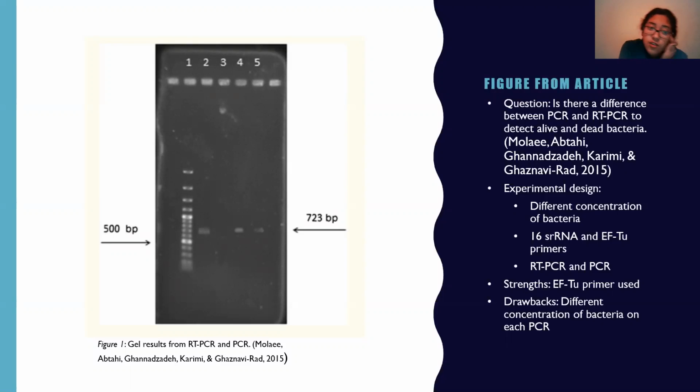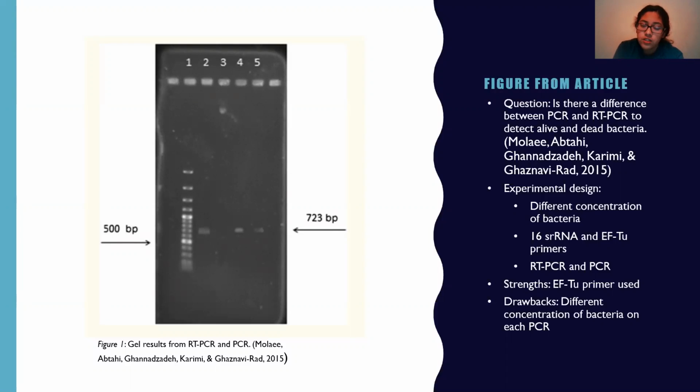And if you see in lane 5, it shows a result for dead bacteria, unlike in lane 3. So right there, it's giving a false positive because it's not supposed to show it.